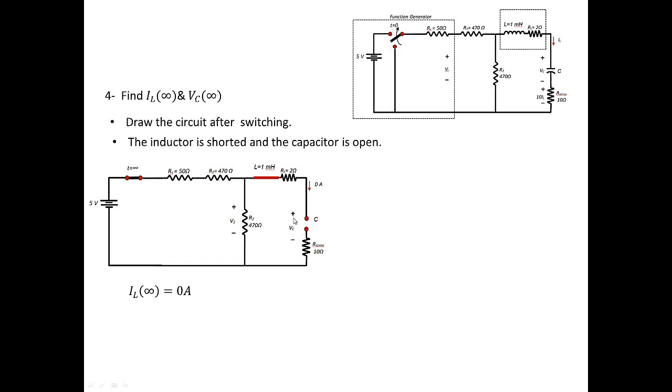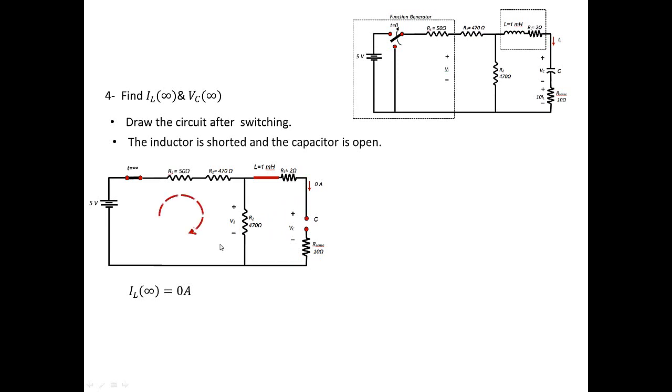However, VC is not going to be 0, because at infinity V2 will equal VC since the inductor is short. The voltage here is 0 and the voltage here is 0. So by applying KVL here, we can say that V2 equals VC. But also, we know that since the inductor's current is 0, all of the current through RS and R1 will go through R2.